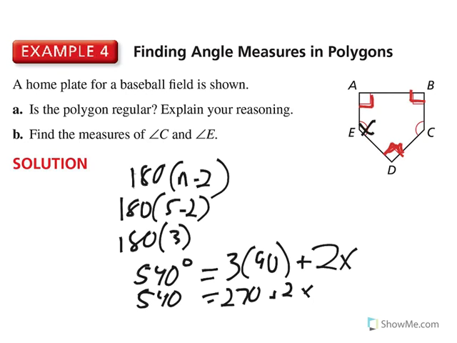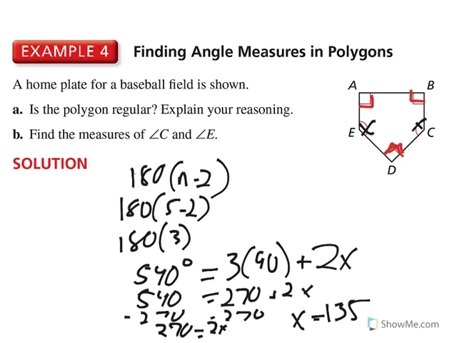Like I said, all I'm doing is calling these 2 angles x here. I'm going to solve, so I'm going to subtract 270 from both sides, which gives me 270 on the left is equal to 2x. If I divide by 2, I get that x is 135.